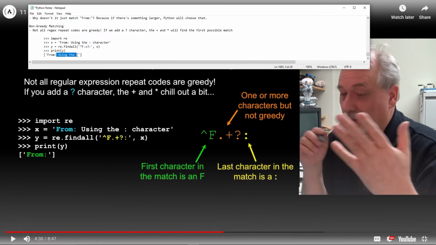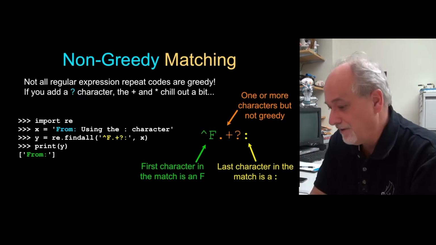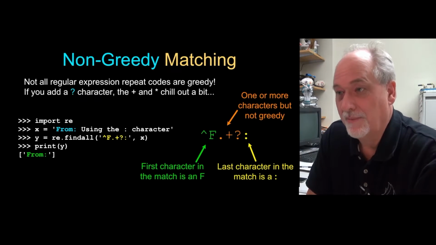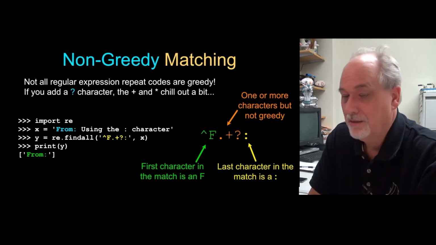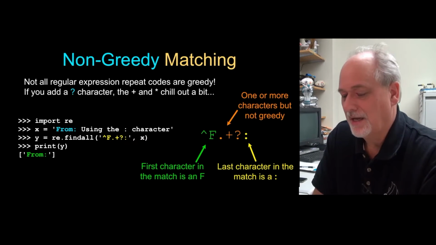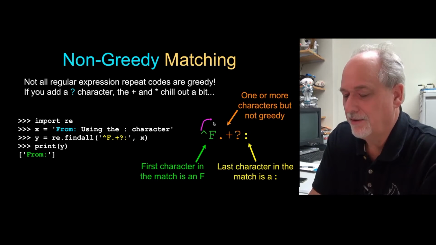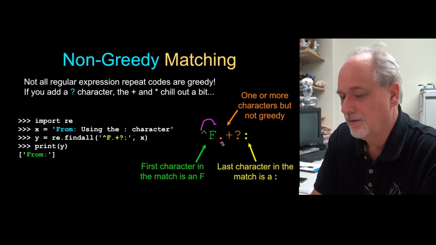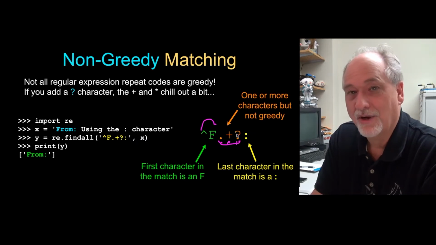So this will turn into this. You can, of course, suppress this behavior. Like everything in programming and regular expressions, you simply add another character. So now it's going to say, I would like to start with the letter F, any character, one or more times, and then this question mark, this one little thing, non-greedy.